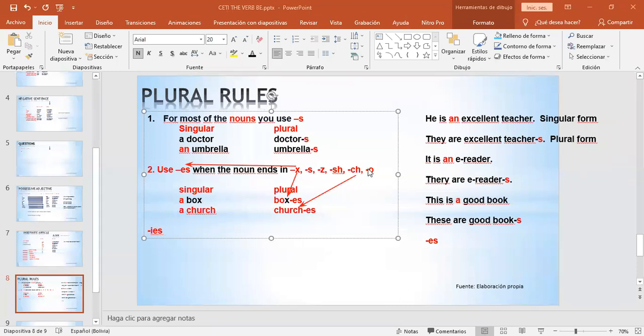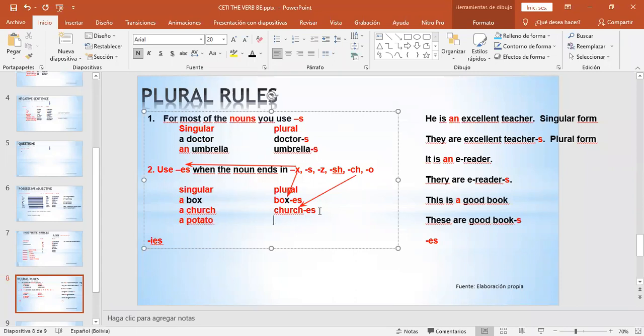One more example, with O. How do you say papa in English? Potato. Yes. Singular, a potato.